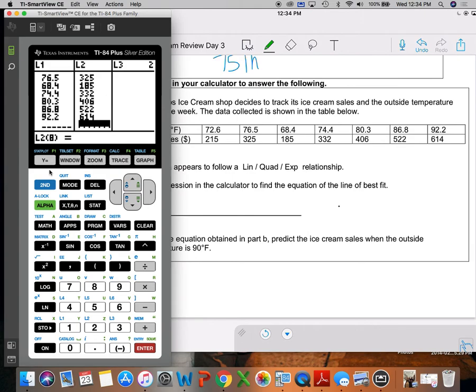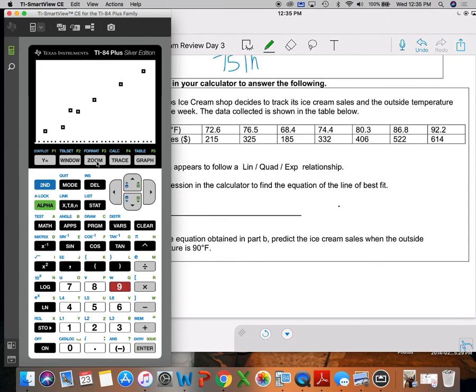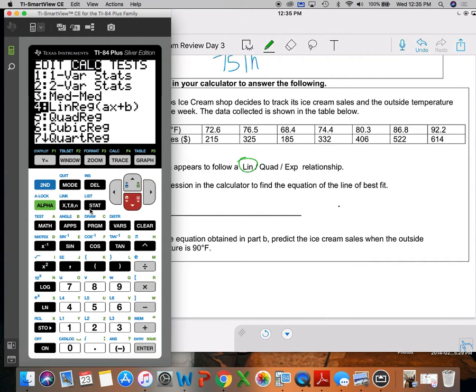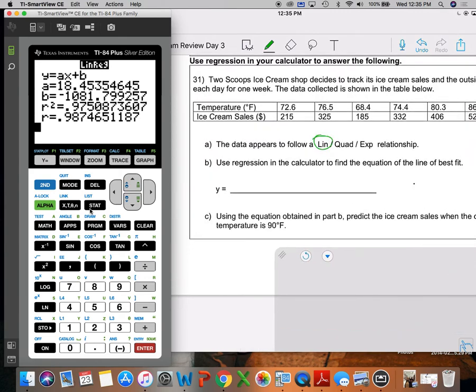Once I've done that, I'm going to click second, y equals, enter to turn my stat plot on, and then zoom 9 to look at my data. This appears to follow a linear relationship, so I'm going to circle linear. And then because it's linear, I'm going to run StatCalc 4. You can see my R squared is on and it's not perfect, but I've already looked at my data and know that it's linear. So I'm going to round to like 18.5x minus 1081.8.